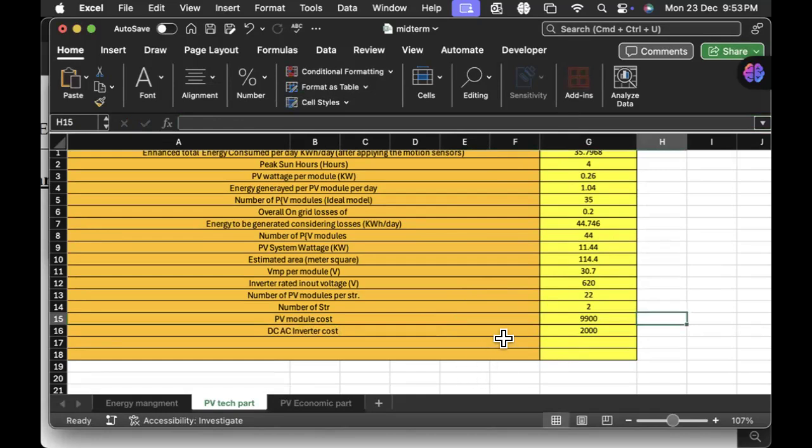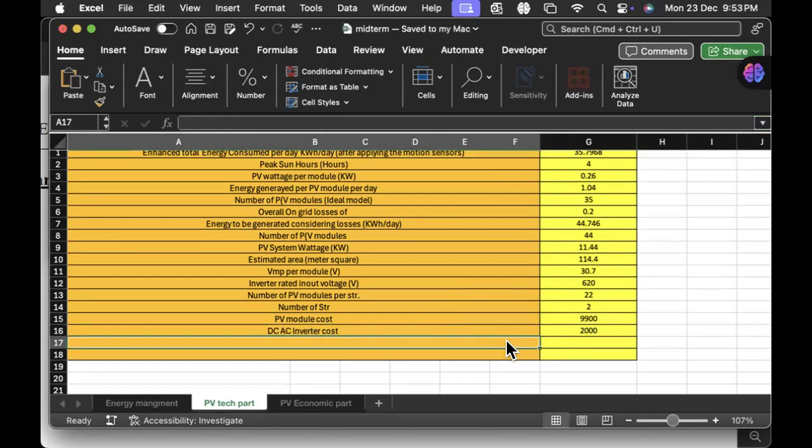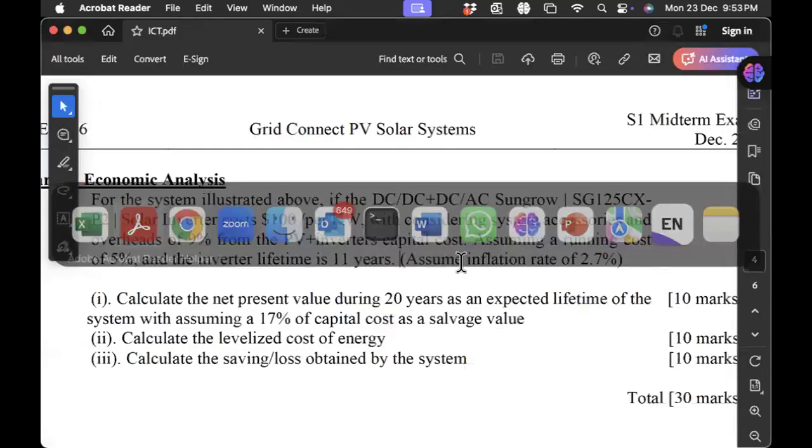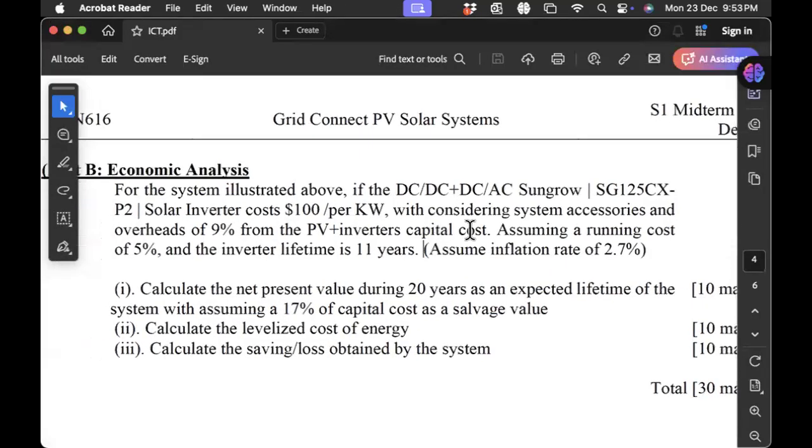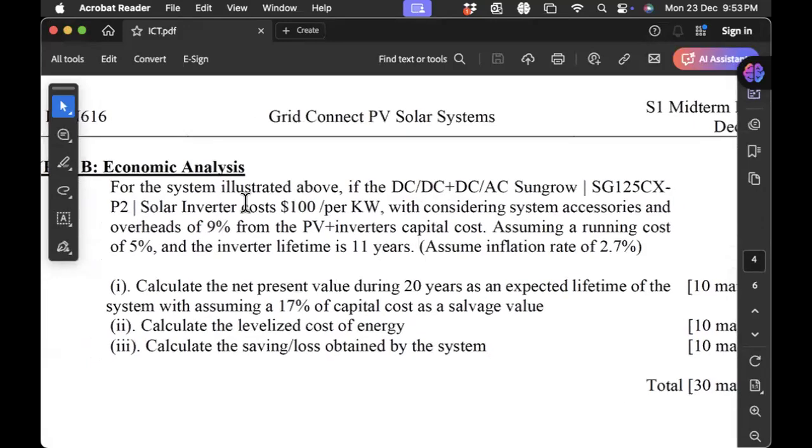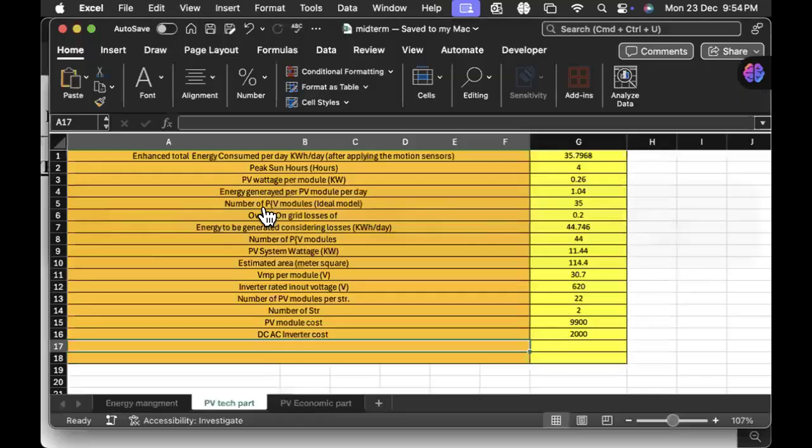And again, in terms of the other costs, the other direct and indirect costs, I think we assume here 9% of the other capex.